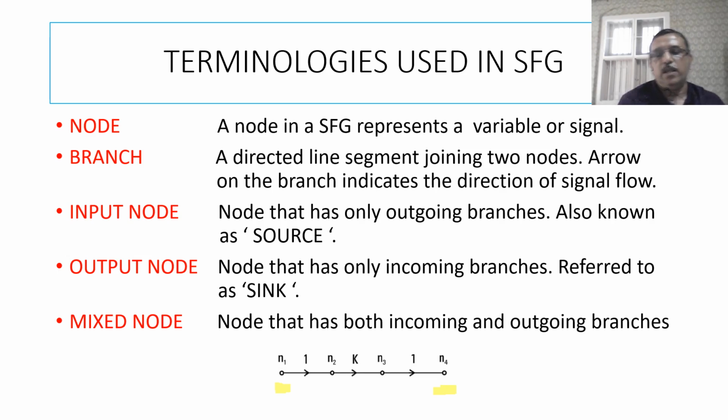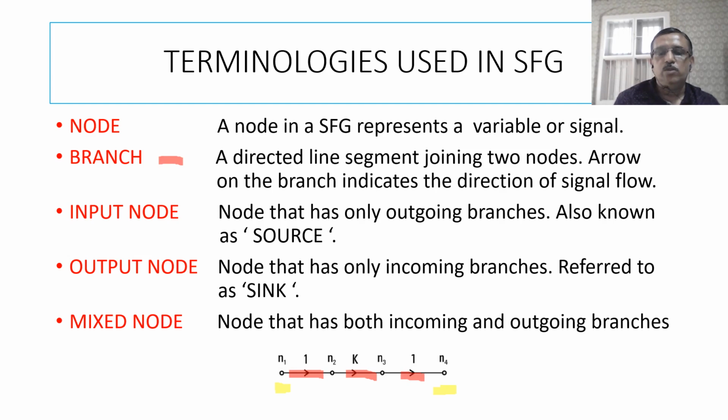N1, N2, N3, N4 are nodes, and there's a line segment joining N1 and N2. This is one branch. This is another branch connecting two nodes. This is a third branch. All of these branches I marked in red color.